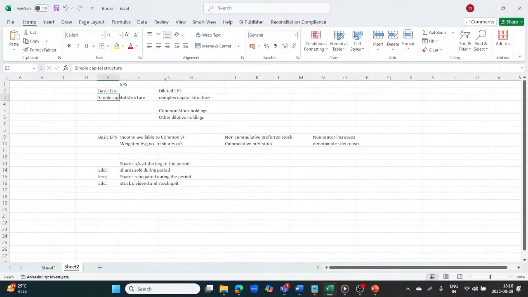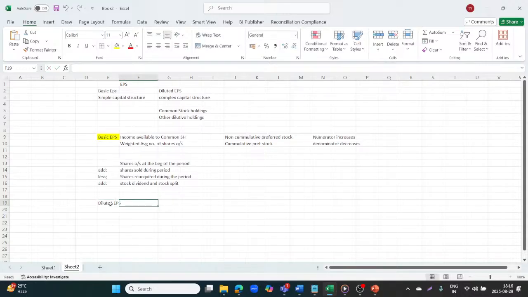And for a complex capital structure, diluted EPS will be followed. Basic EPS we have seen here, now we'll see the diluted EPS.